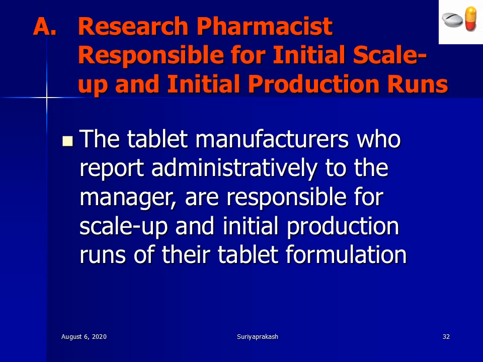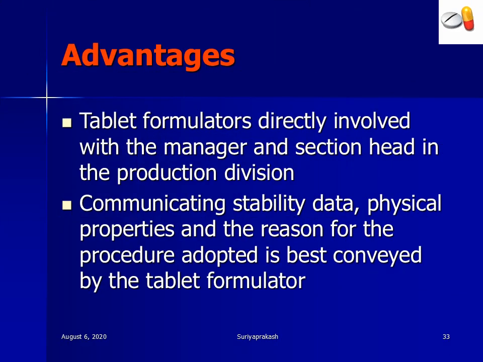The tablet manufacturers who report administratively are responsible for scale up and initial production runs of the tablet formula. Advantages: tablet formulators are directly involved in the management section in the production division. Communicating stability data, physical properties, and the reason for the procedure adopted is best conveyed by the tablet formulator.